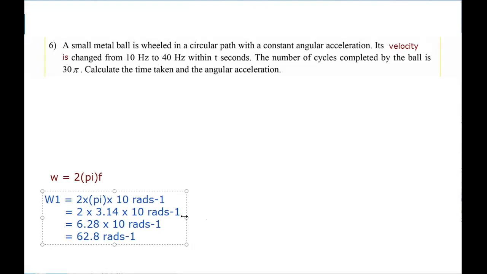Or you can keep this without simplifying, as 20 times pi. So please write this value also separately. You can keep angular velocity as 62.8 radian per second or 20 pi radian per second, as you wish.